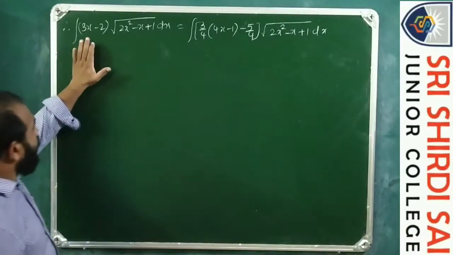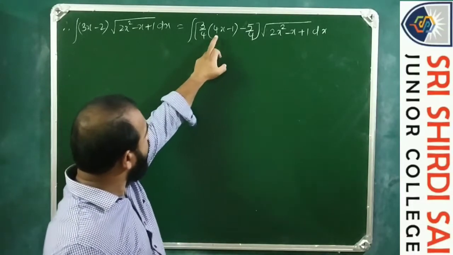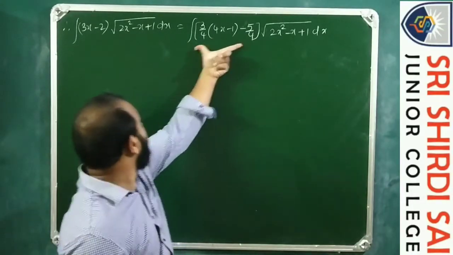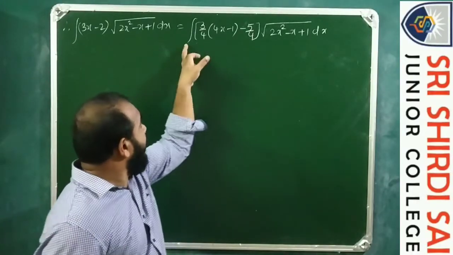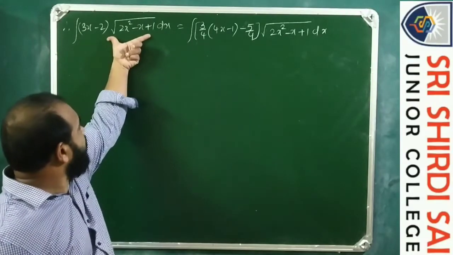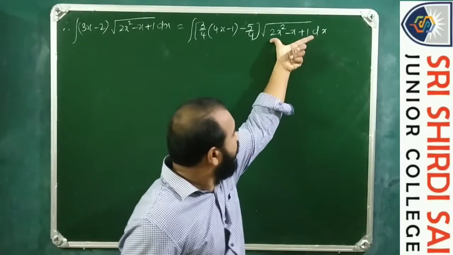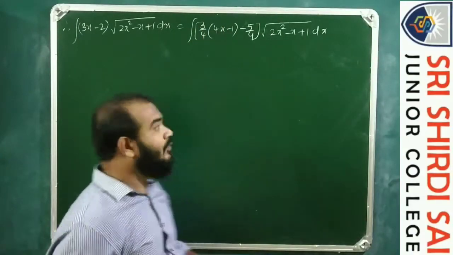Now let us continue. 3x minus 2, just now we have got it to be 3 by 4 into (4x minus 1) minus 5 by 4. In the place of 3x minus 2, we have substituted this. In the place of the integral, we have the root of 2x square minus x plus 1, the same, and in that place dx came again.